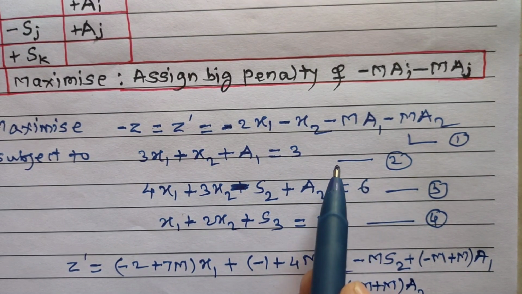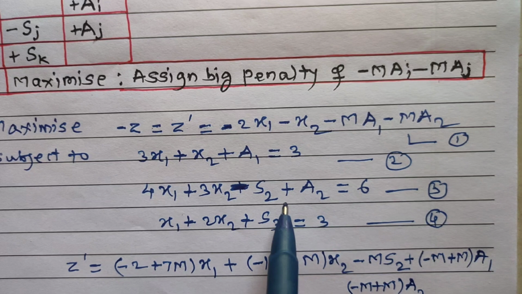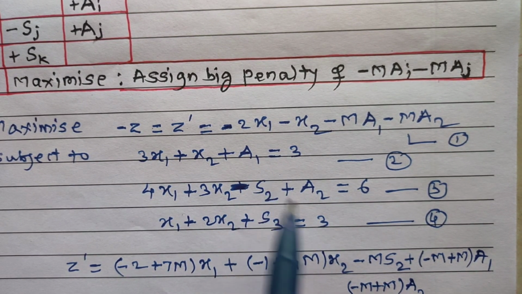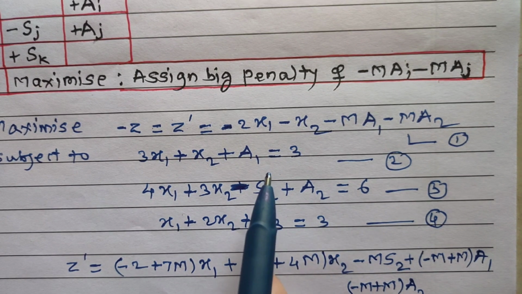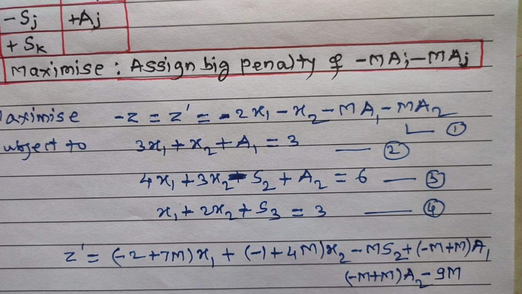And from equation 2, if we take this 3 on this side and from equation number 3 take 6 on this side, then that becomes minus 6M and this becomes minus 3M. Minus 3M times and minus 6M times addition is minus 9M, so we have to put here minus 9M.